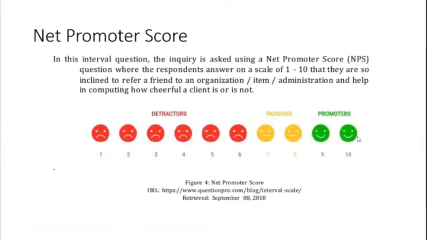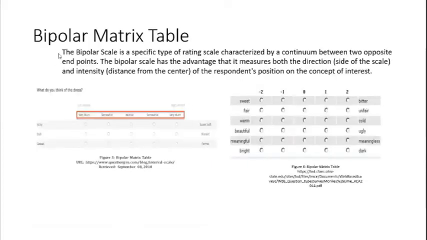And if you get the green ones with the smiley face, that means you're a promoter with levels 9 and 10. So you would refer a friend: friend, you go enroll here; friend, you buy this product. This is excellent, it is worth the money, right? So there, promoters. And then you have the bipolar matrix table.